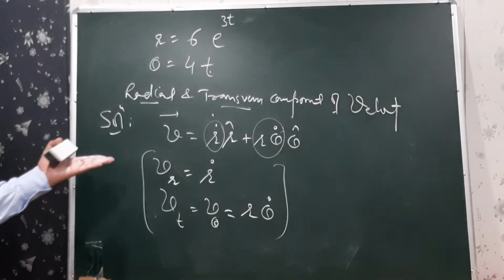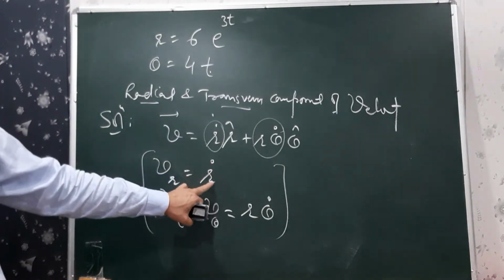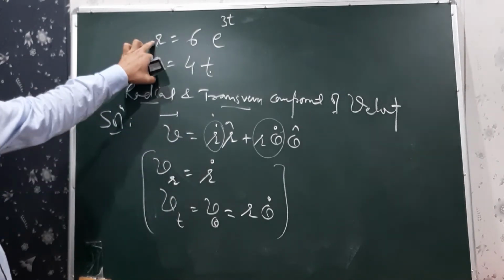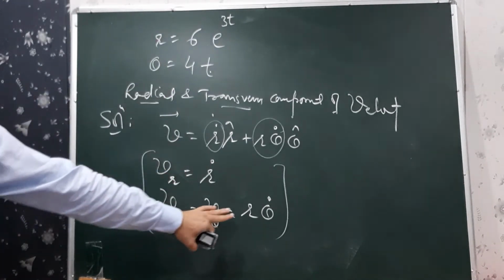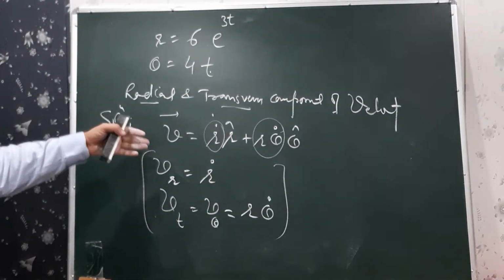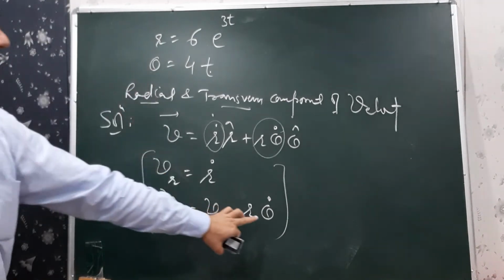So, how can we find the values of V r? By taking the derivative, r dot. R dot means the derivative of this r, and r theta dot is the transversal component. So, we will take the derivative of theta with respect to t and multiply with r.